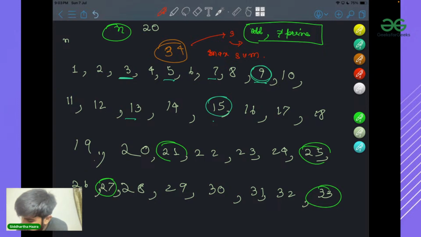We would simply take these 3 values. So this is basically the idea, that we would first find the potential candidates, then we would start iterating from the back, and then we would just take the last k potential candidates and give it out as an answer. This is the solution.